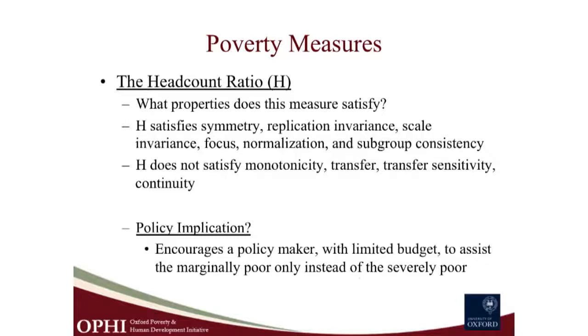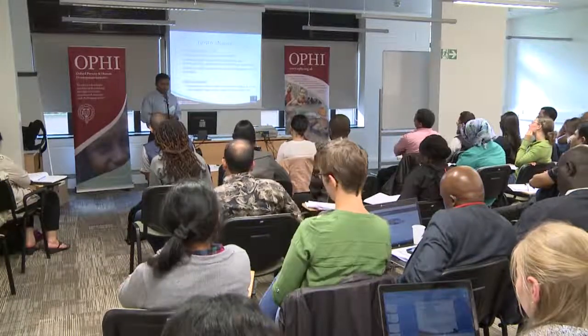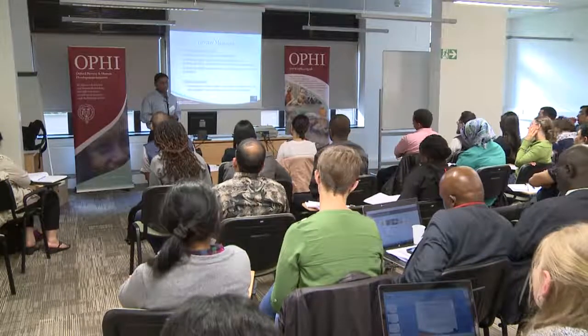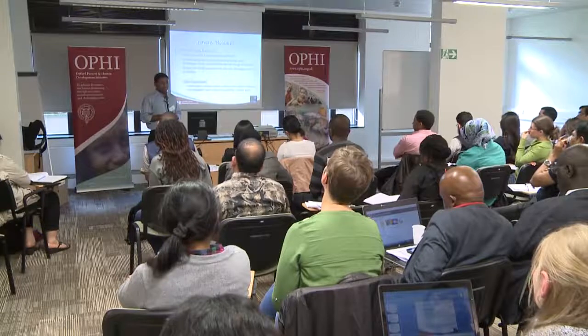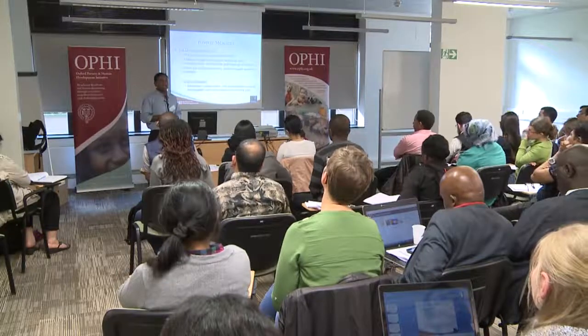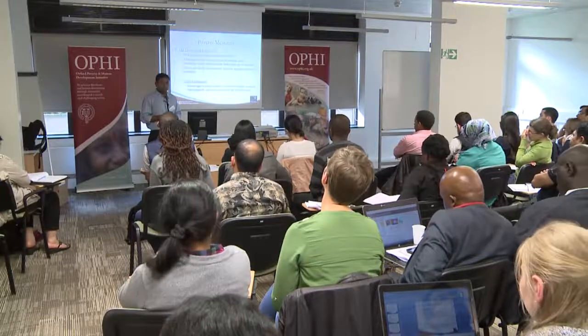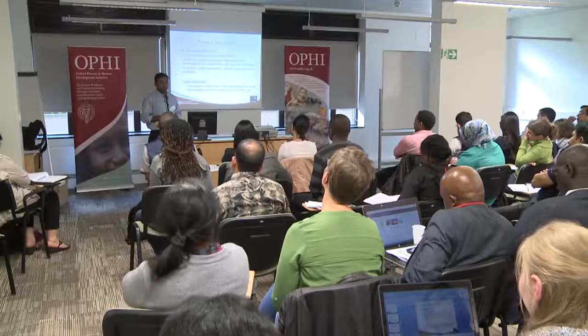Policy implication. It encourages a policymaker with limited budget to assist the marginally poor only instead of the severely poor. This measure can provide incentive for policymakers to deliberately ignore those who are the poorest.